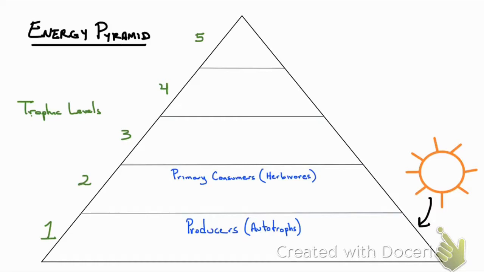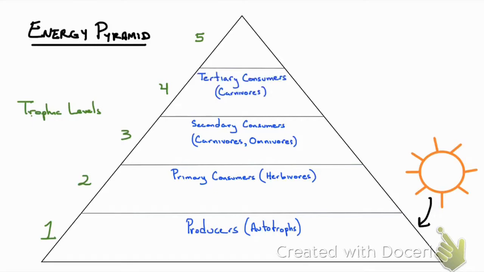Those herbivores then will be consumed by secondary consumers. We may also find in this group of secondary consumers omnivores that eat producers as well as primary consumers. In our fourth level, we're probably mostly going to have carnivores here, which are our tertiary consumers.